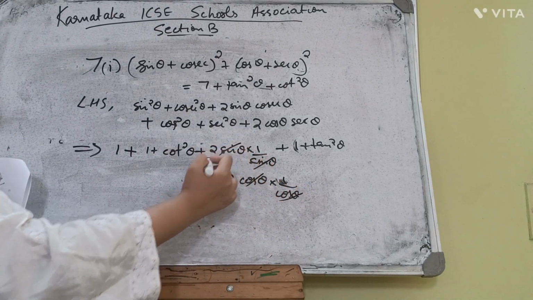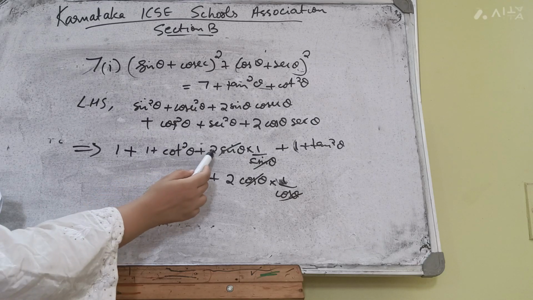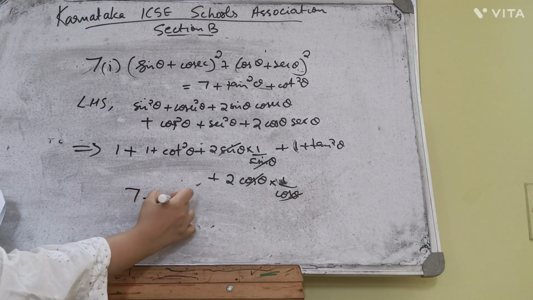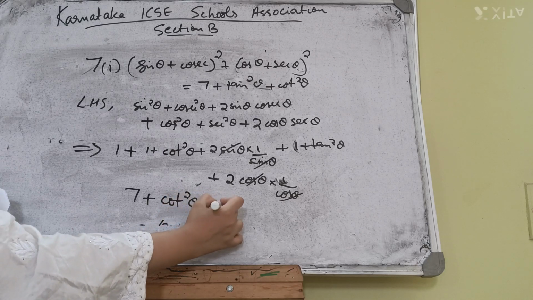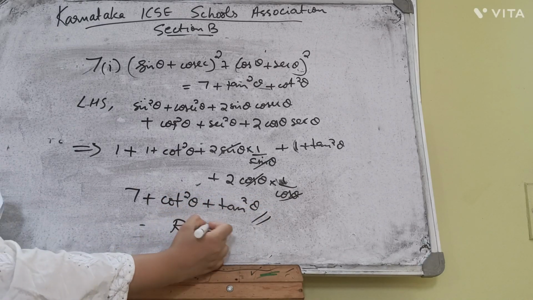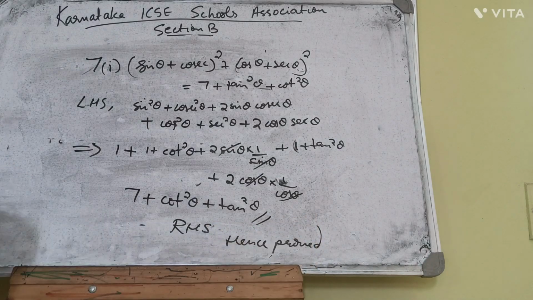So this cos and sine gets cancelled. So now we have 1 plus 1 2, 2 plus 2 4, 5 6 7. 7 plus cot square theta plus tan square theta, which is the RHS and hence proved.